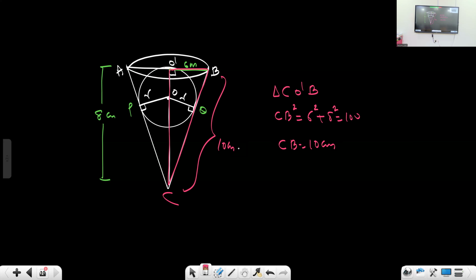Check, everyone. The question is a little difficult and a chance for a case study because many sub-questions are there. CB equal to 10 centimeter.